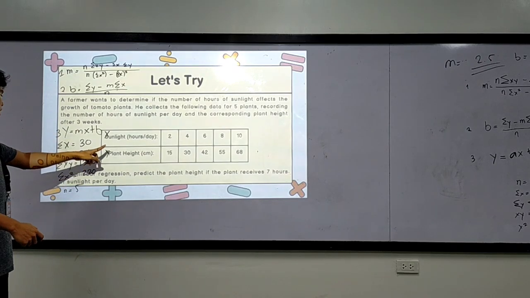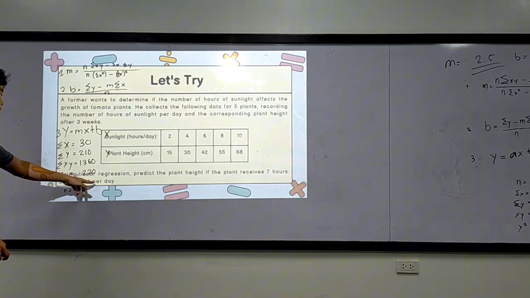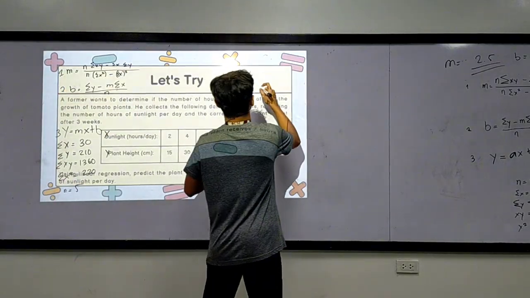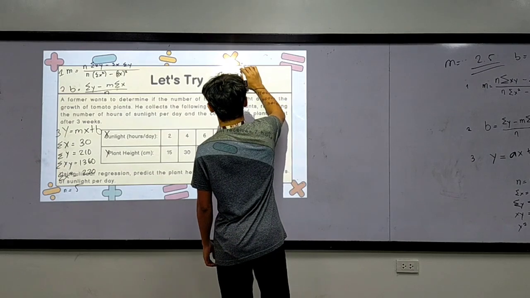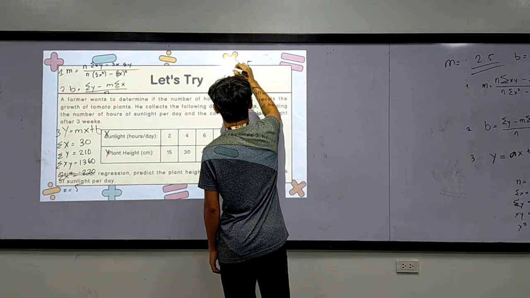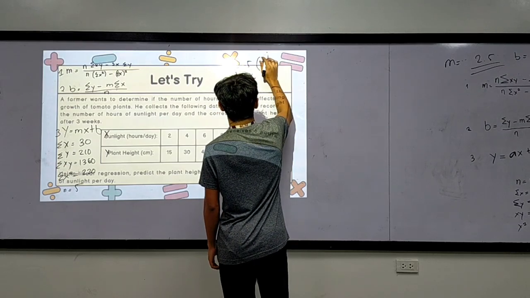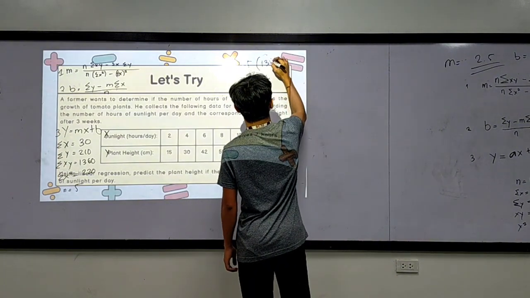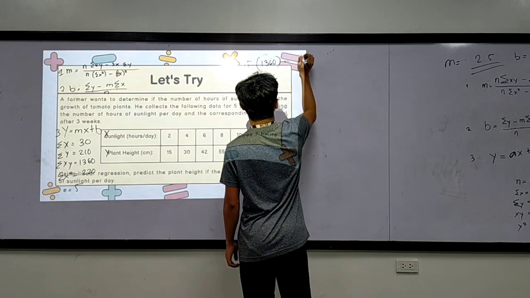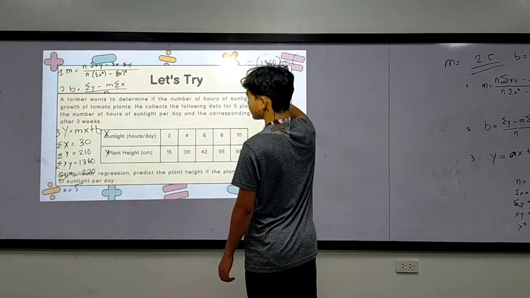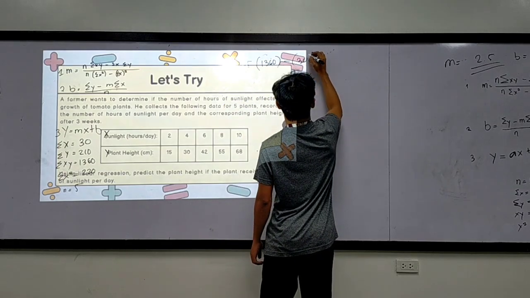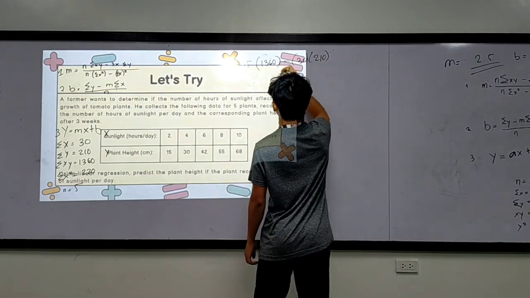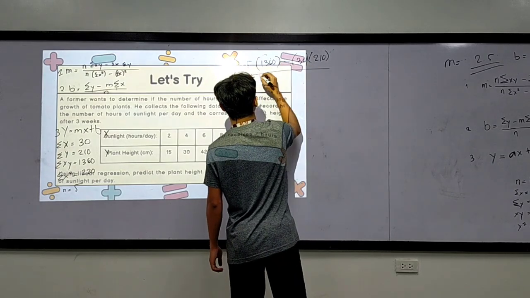Then the sum of x squared is going to be 220. n is 5. So we're going to use this formula to solve. For the first step, m is equal to 5 times the sum of xy, 1360, minus the sum of x, which is 30, times the sum of y, which is 210, over 5 again.